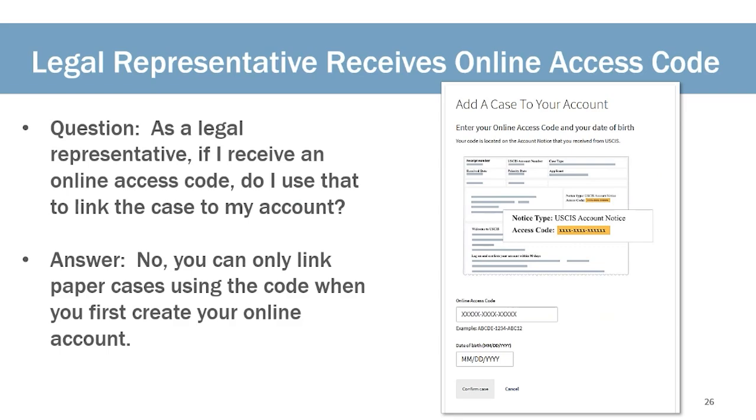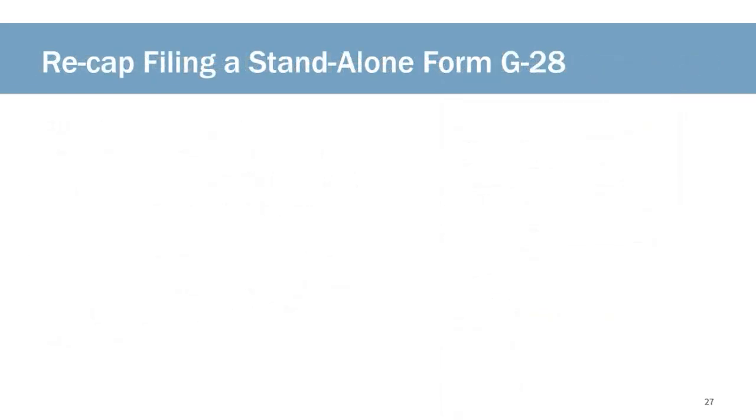So, what can be done to link the case to the legal representative account? They can use the steps that we just talked about, but let me review it in this context. If you're a legal representative and you received an online access code, that means that your paper filing didn't link properly to your account.